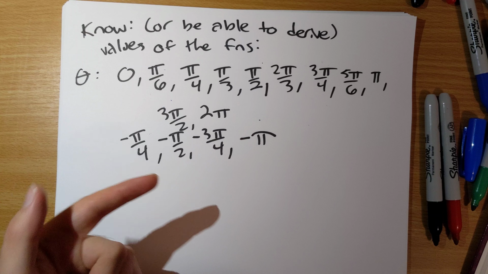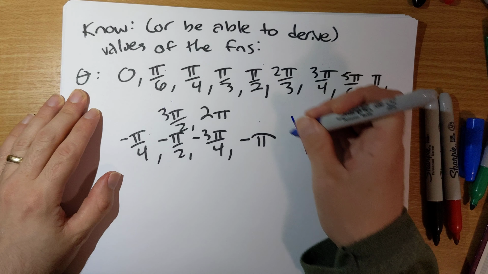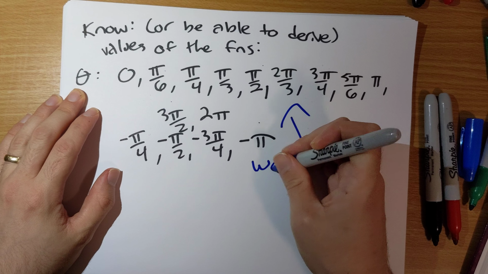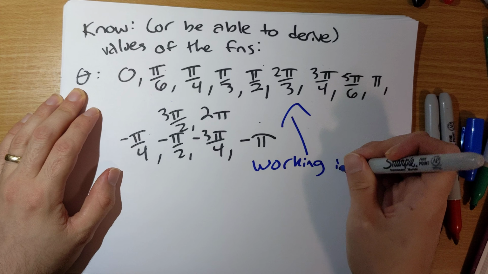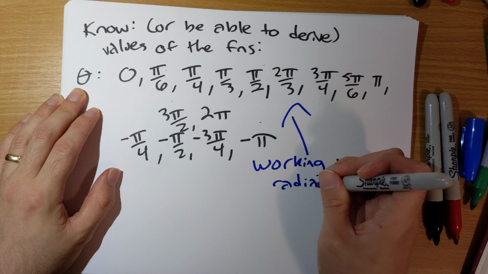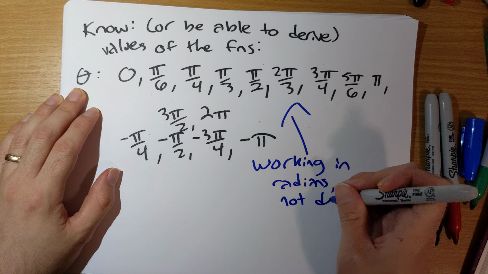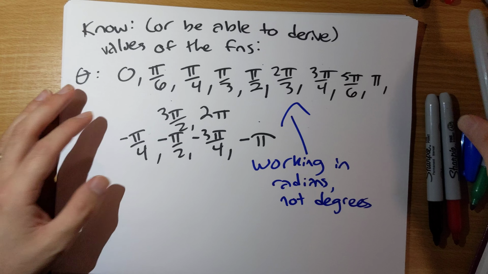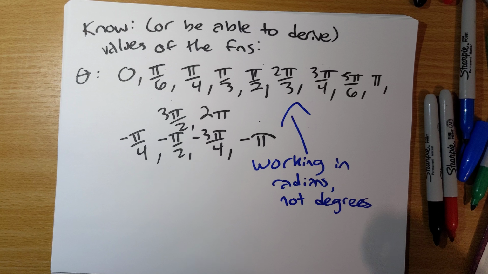By the way, an important thing here is that we're working in radians, not degrees. So our default preference in this course is going to be working with radians, not degrees. If you're using a calculator, make sure your calculator is set to radians, not degrees.